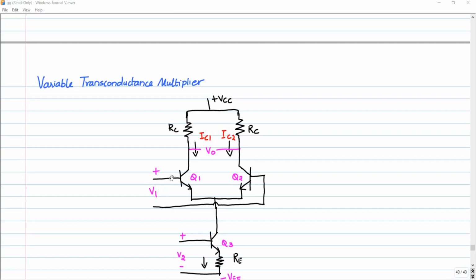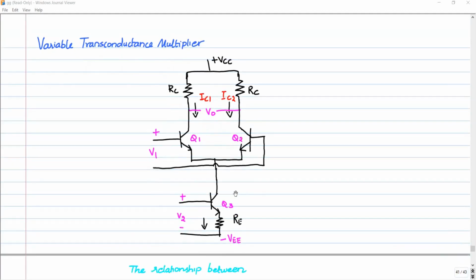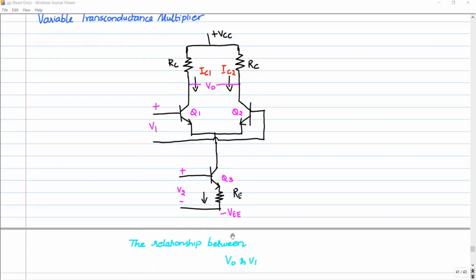Here positive supply V1 is connected to the base of transistor Q1, and sorry, here minus is missing: the negative supply is connected to transistor Q2. Here I have connected one more transistor Q3 followed by an emitter resistance RE.